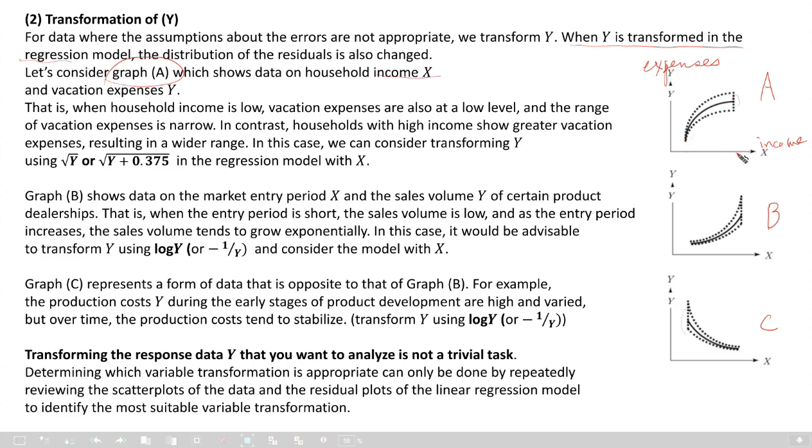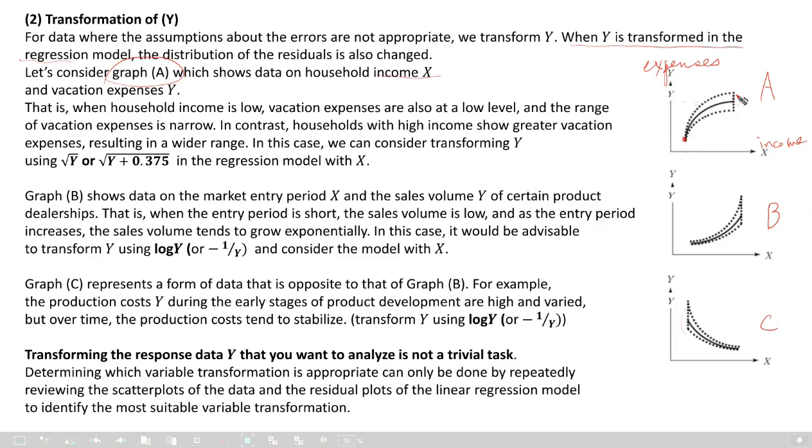Higher income, large vacation expenses. This relationship we can consider, for example. But here, the range of Y expenses is also small. There is no option, right?